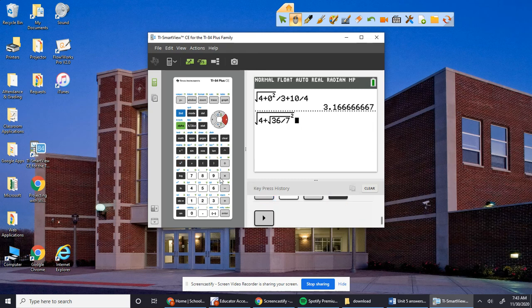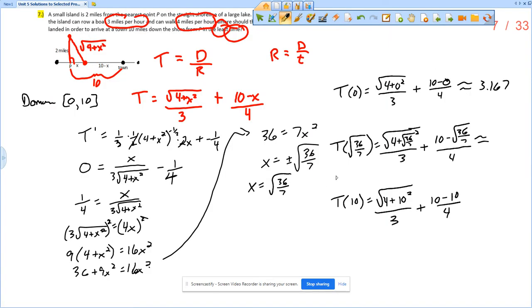Then divided by 3, and then plus 10 minus the square root of 36 sevenths divided by 4. We get that calculation: 2.941.